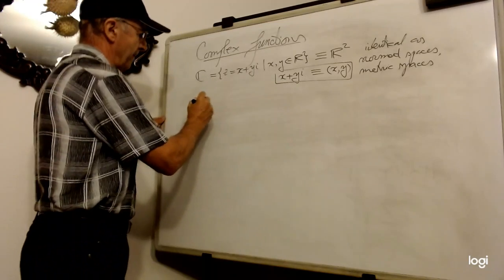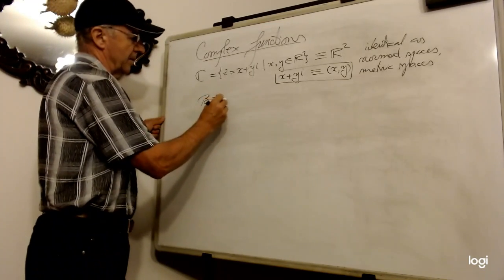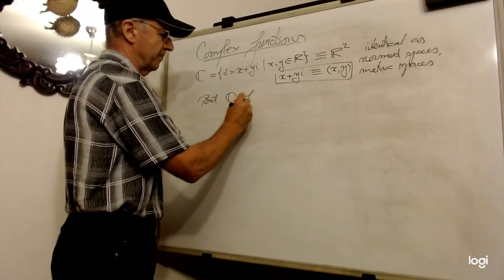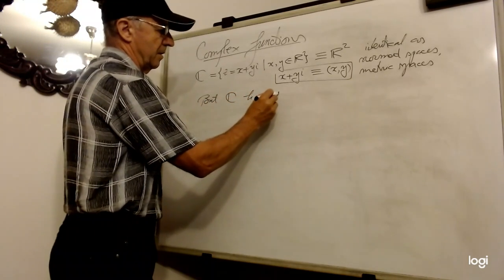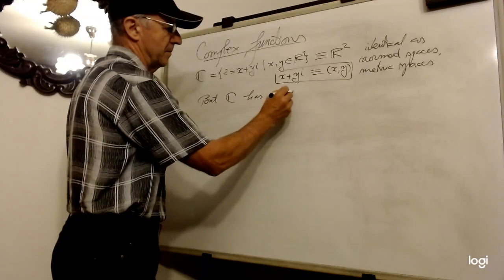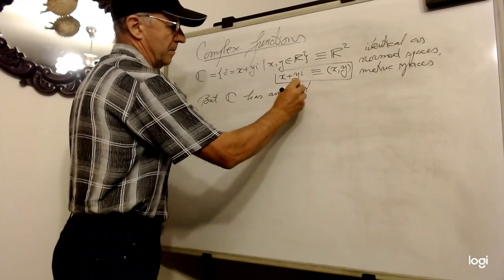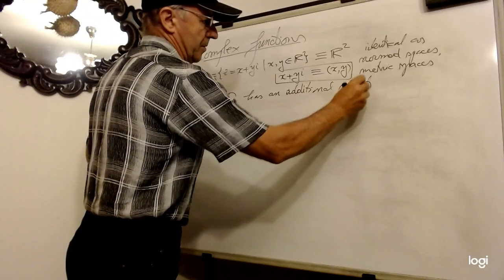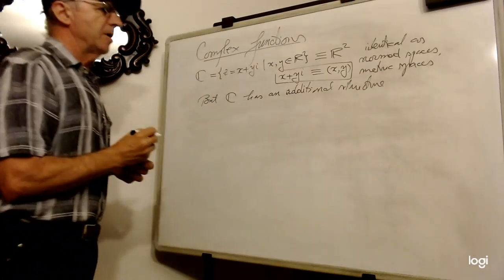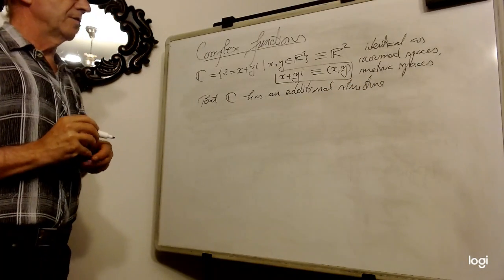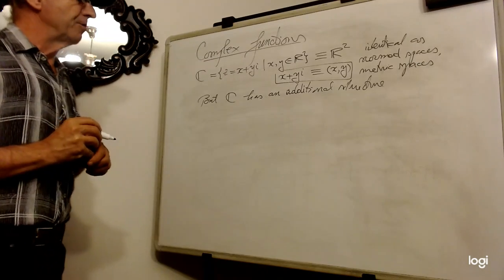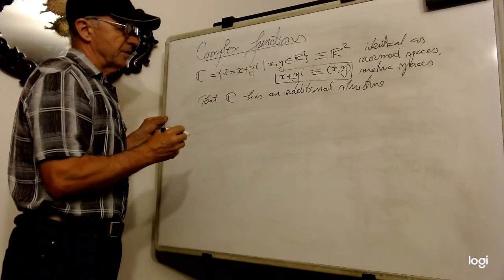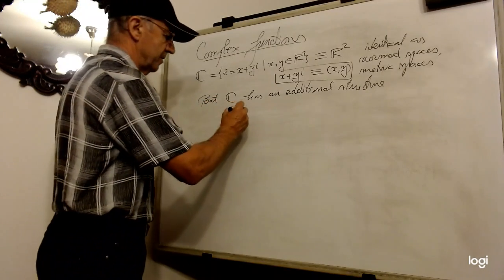But the space of all the complex numbers has an additional structure, namely the structure of a commutative field given by the multiplication of complex numbers.